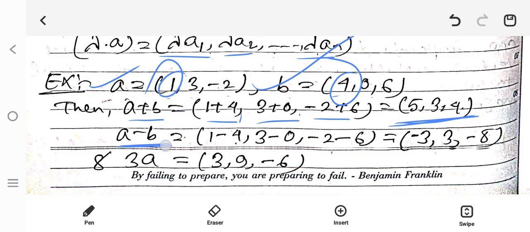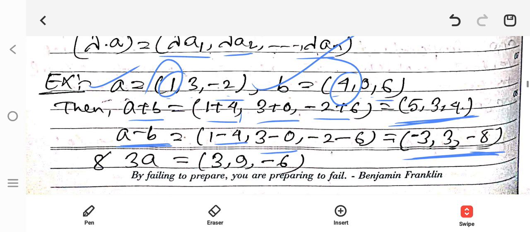For the subtraction, the rule is the same. Just subtract the corresponding elements from our vectors: 1 minus 4, comma, 3 minus 0, comma, and minus 2 minus 6, and we get this vector.